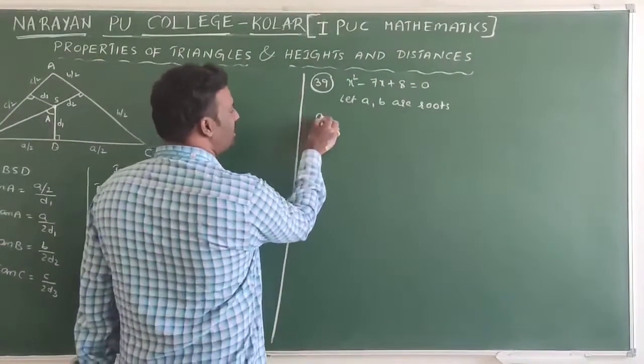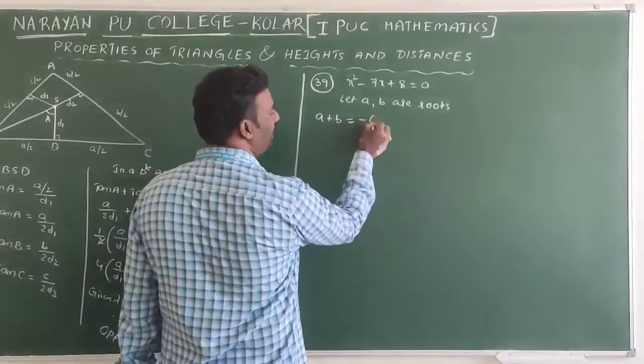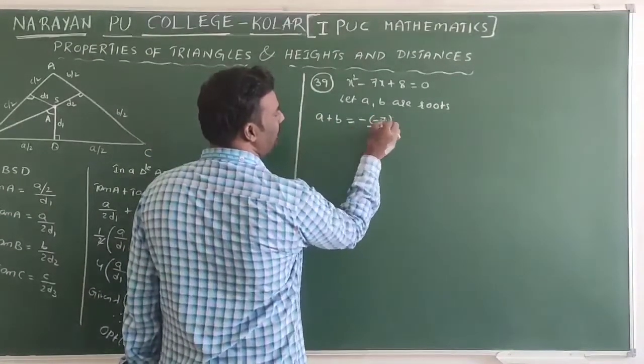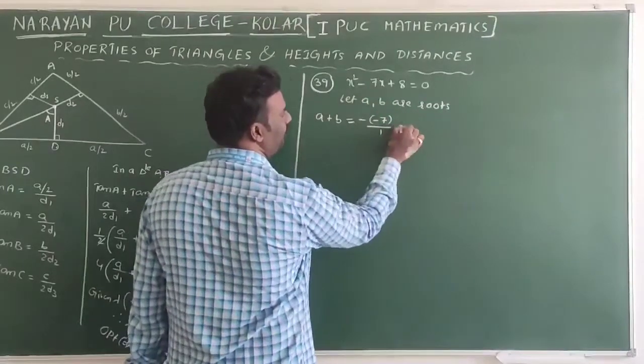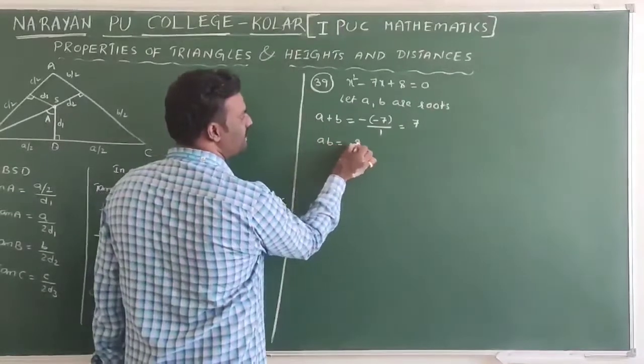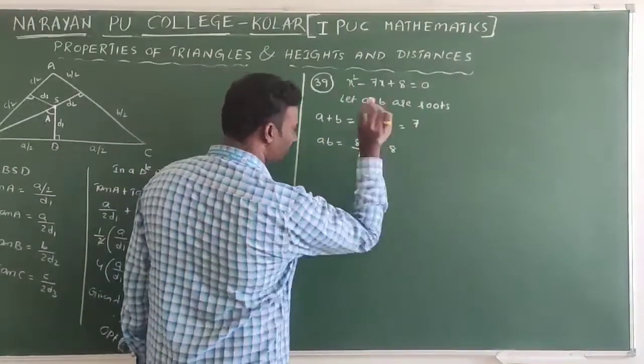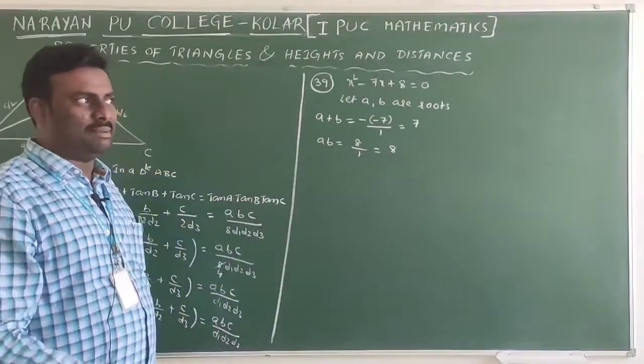I am finding the sum of roots formula, minus B by A, this is B, this is A, 7. Product of roots formula, C by A, this is A, this is B, this is C, 8. And given the angle between these two sides.